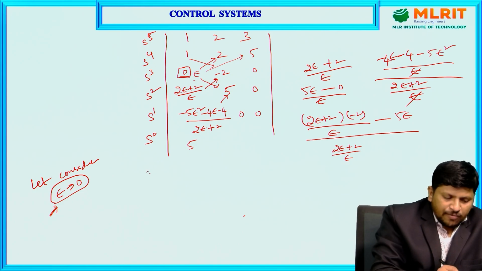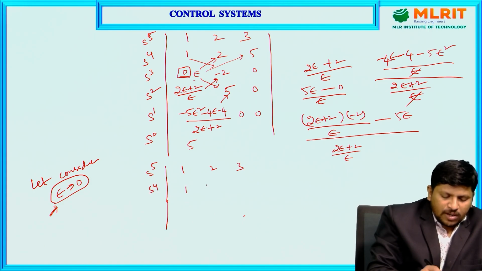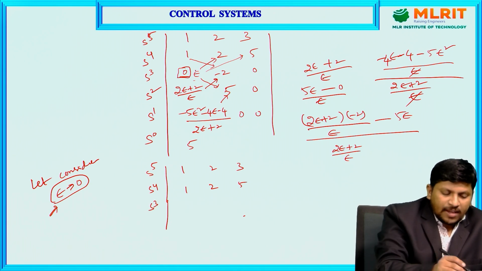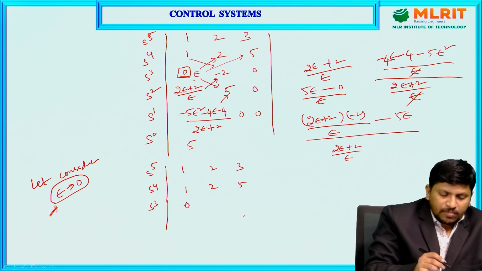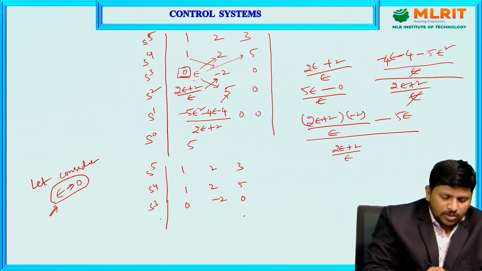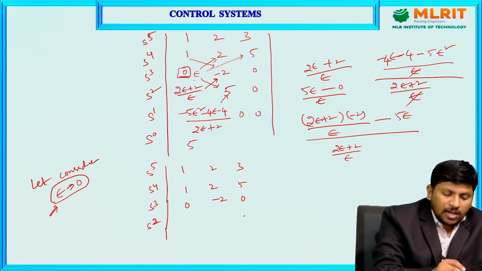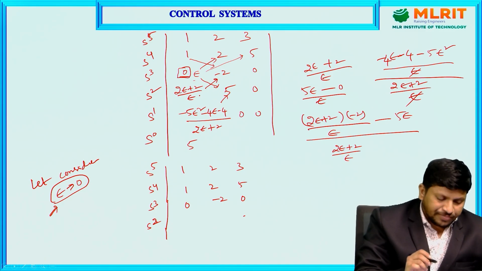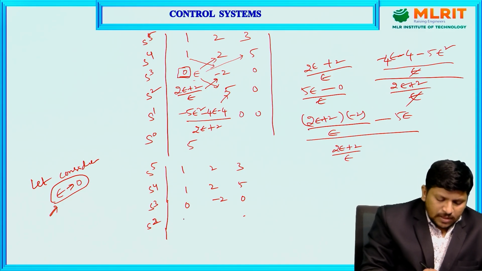See here: s power of 5: 1, 2, 3. s power of 4: 1, 2, 5. s power of 3: epsilon becomes 0, and minus 2, and 0. s square: epsilon in place of 0 multiply with 2, 0, so 2 divided by 0, some value divided by 0 is infinity, here 5 and 0.